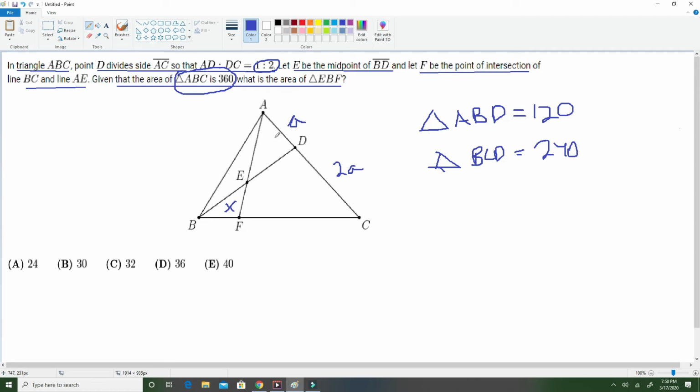Since both their areas combined equal ABD, which we know is 120, triangles ABE and AED each have an area of 60, which we can draw directly into the diagram.